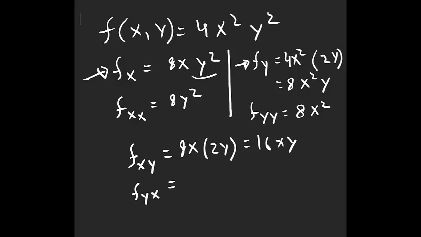So with respect to x here, it gives me 16x, and then I have y already. So are they the same? Yeah, they're the same. So remember that the derivative with respect to x then y will be the same as first with y then x. They are the same. Okay? If you just understand this, then the next section you will understand.